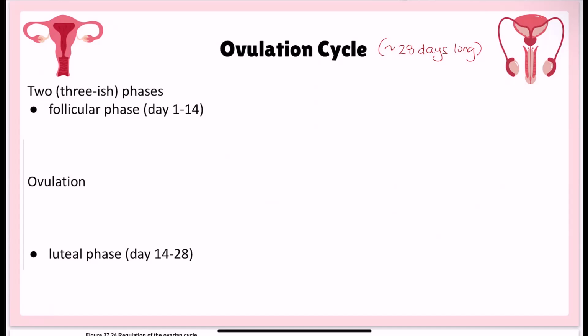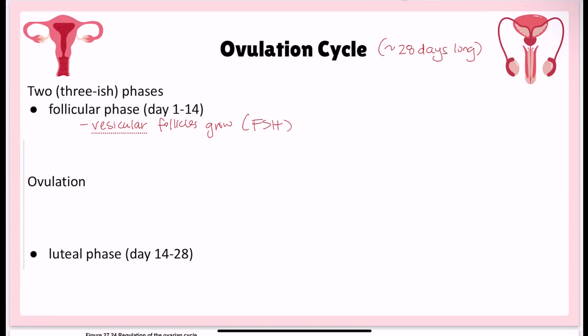So the follicular phase occurs first as those vesicular follicles grow. And this is largely under the influence of the hormone FSH from the anterior pituitary, right? And the vesicular follicle that's most sensitive to FSH is usually the one that's ovulated.